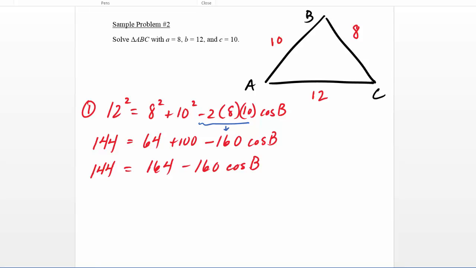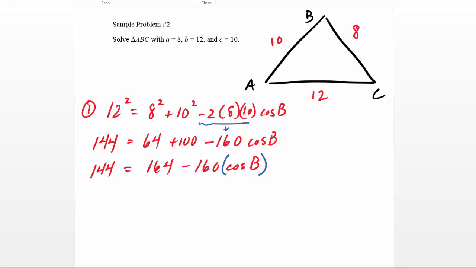You've got to understand right off the bat here that negative 160 is technically being multiplied times the cosine of B. So the mistake that's generally made is that students will try to take 164 and subtract 160, and then from there divide the 4 out from both sides, but that's actually not the correct order of operations.